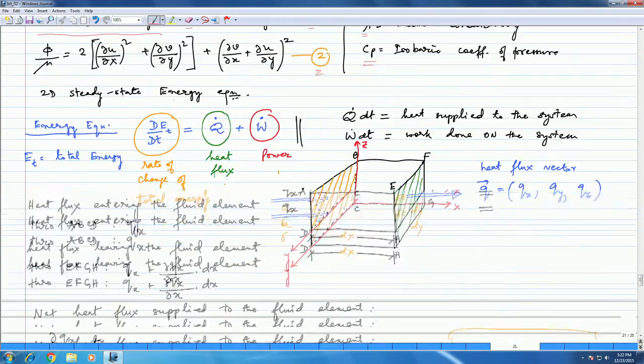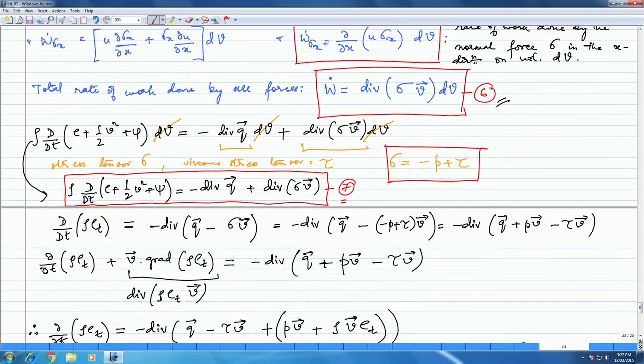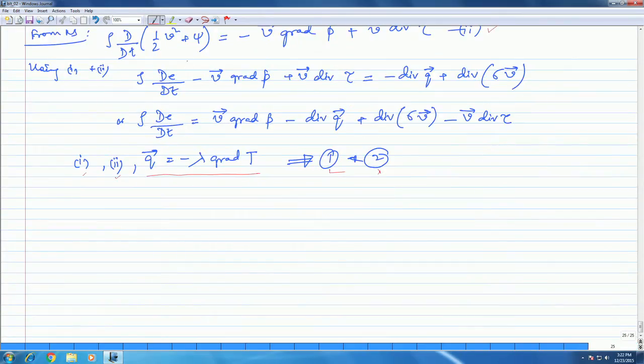Let me jot down a few inferences that we made so far.